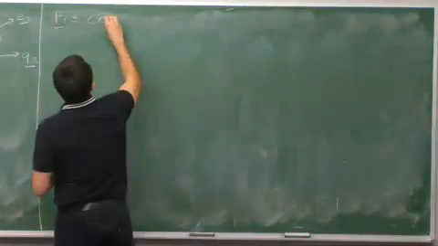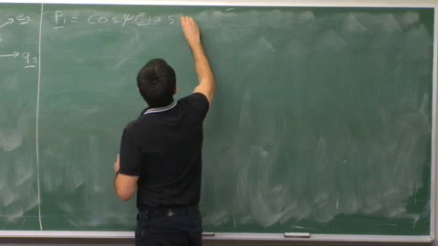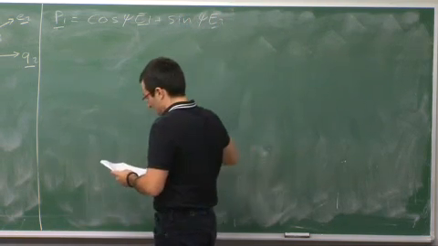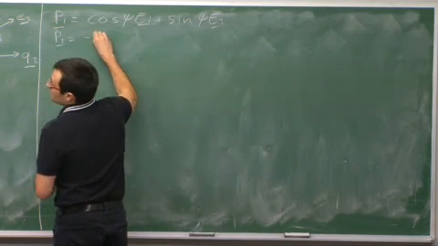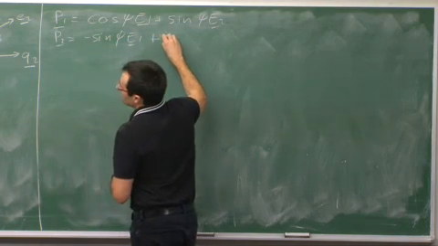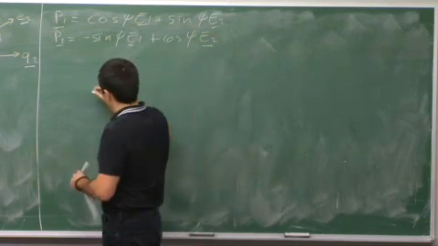Well, it's cosine psi E1 plus sine of psi E2, right? P2 is minus sine of psi E1 plus cosine of psi E2, and then P3 is E3.